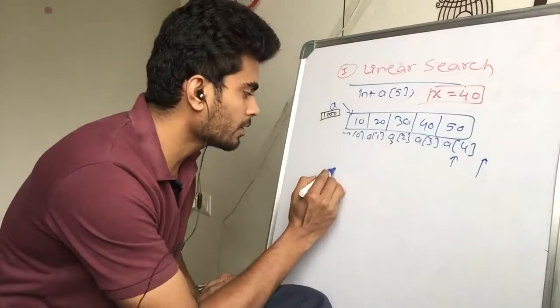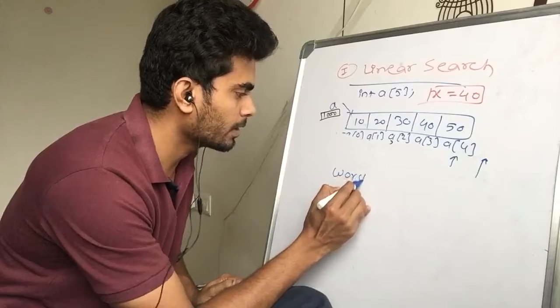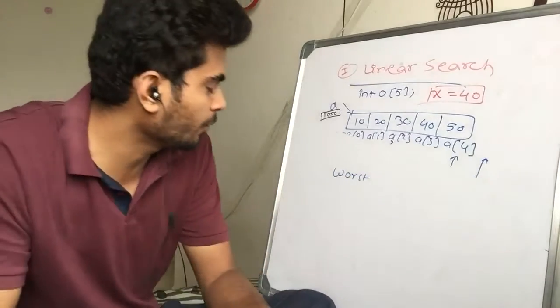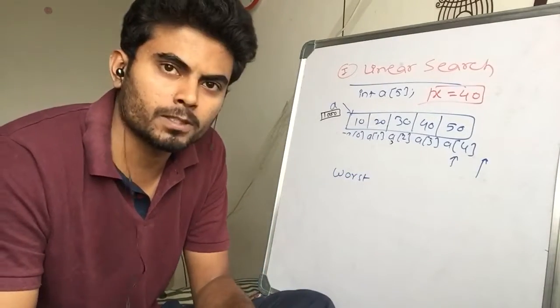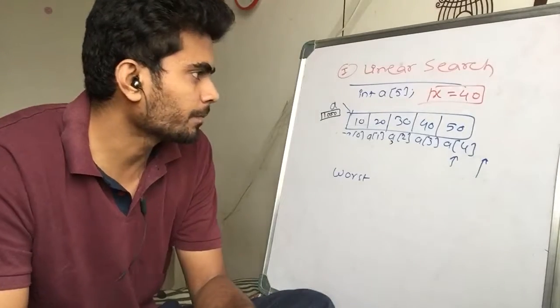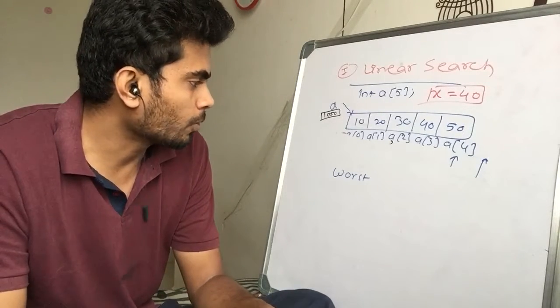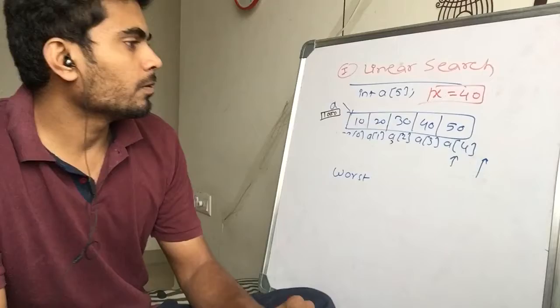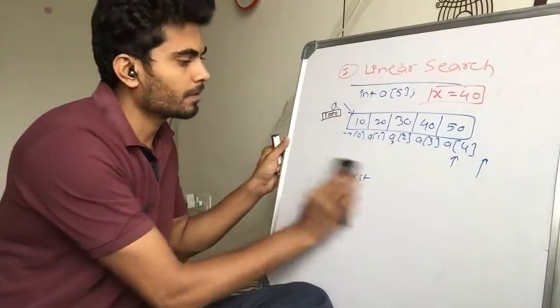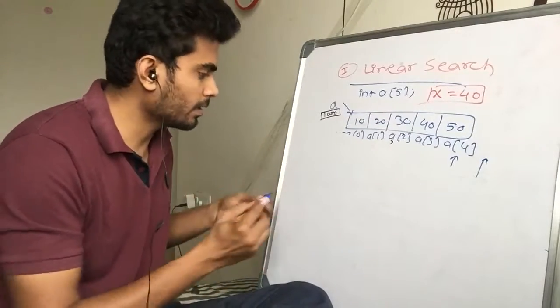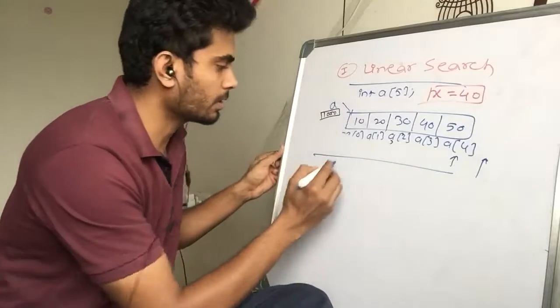So in such a case, okay, I guess I never explained what is worst case, what is best case, and what is average case complexity. So I'll show that also here. Basically there are complexity classes.